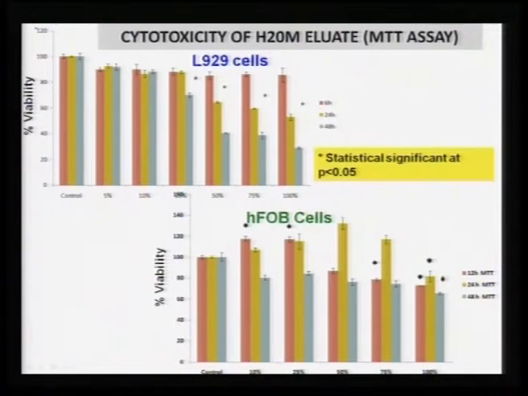Now, in the case of the L929, if you see, this decrease is also significant, okay, but in the case of the HFOB cells there is some trend which could not be established, because after 24-hour treatment, suddenly you see that MTT values are increasing, whereas at 48 hours these MTT values are decreasing, independent of the concentrations.